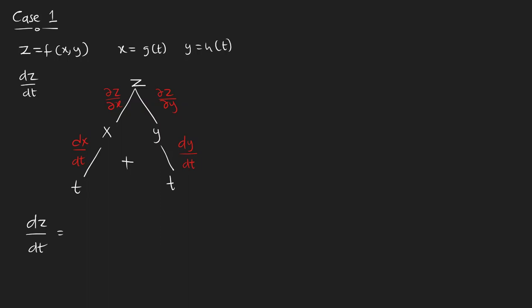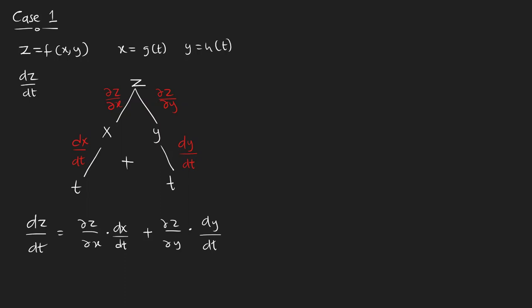I'm going to have ∂z/∂x, multiplied by dx/dt, and then add this to ∂z/∂y multiplying dy/dt. You can call this symbol del also. So this is the general form of such expressions, and this is case one.